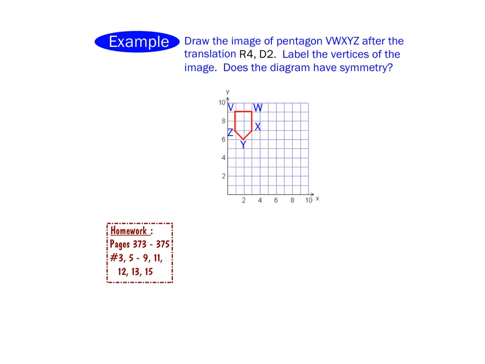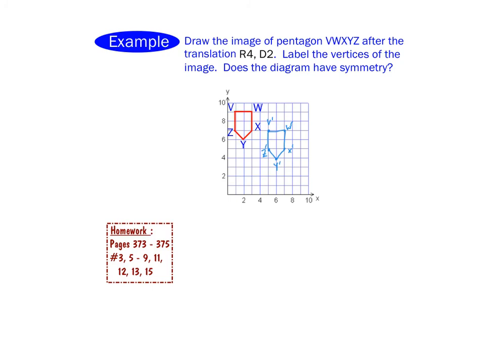Draw the pentagon after the translation, right 4 down 2, and label the vertices of the image. Does the diagram have symmetry? Okay, is there symmetry here?